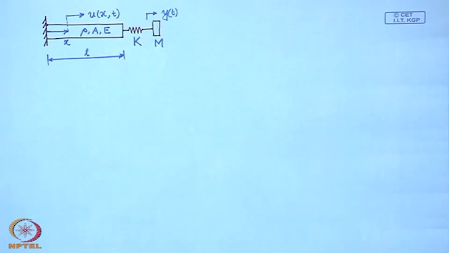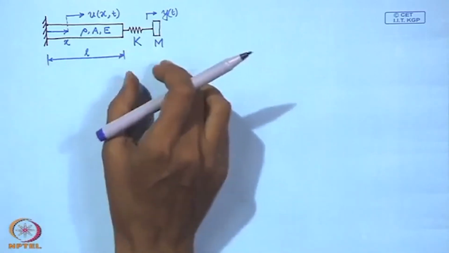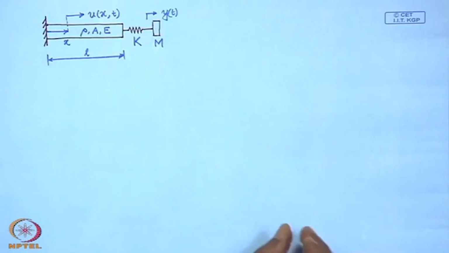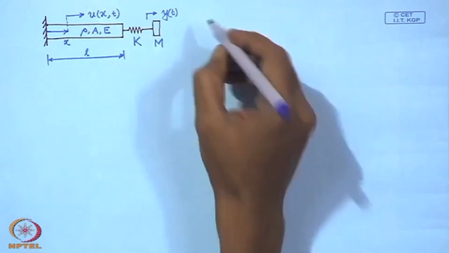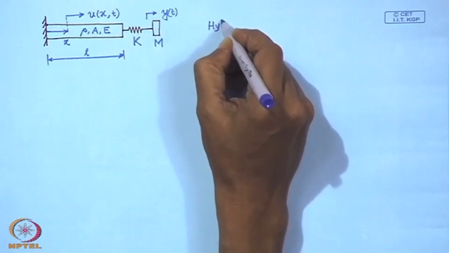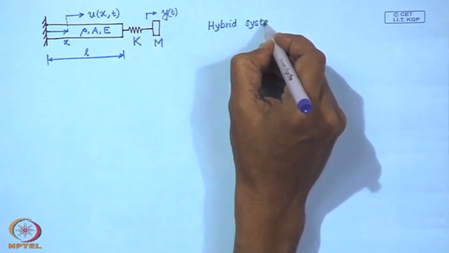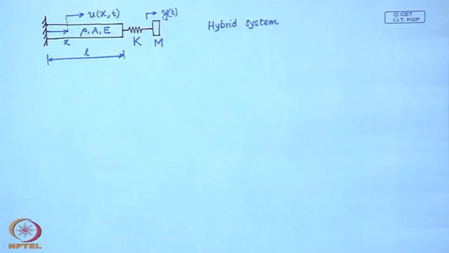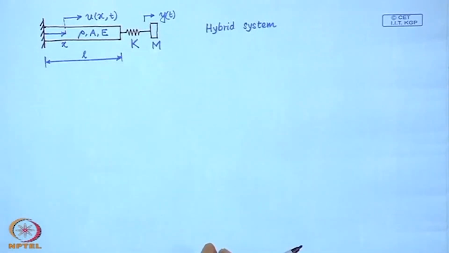So, this example is one such system in which we have a continuous system, which is a bar in axial vibration, with a discrete oscillator attached. So, we will call them hybrid systems, because we have both continuous as well as discrete systems in this example.